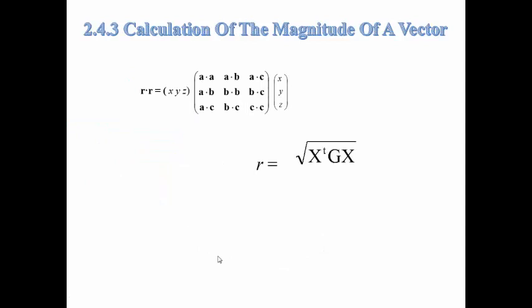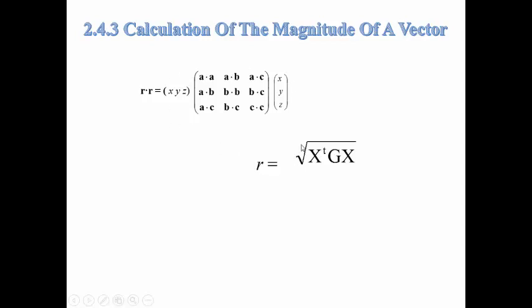Now we have to go back and finish our calculation for the magnitude of the vector, and we can write this formula out. This is r dot r, which is the scalar r squared, so we can write that as r with the square root around all of this.